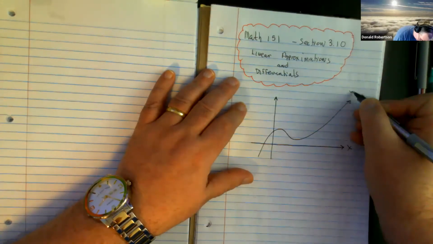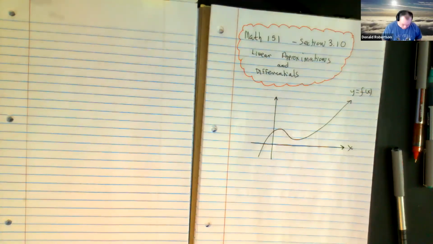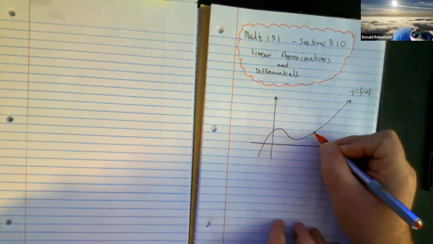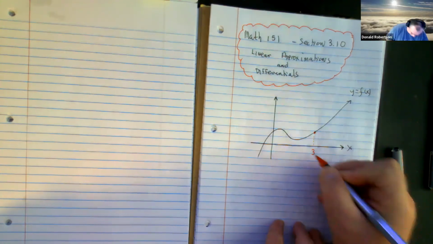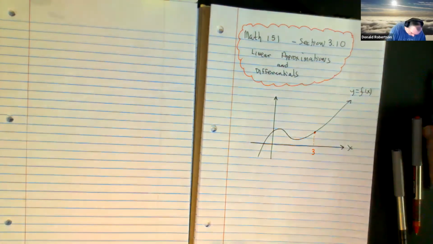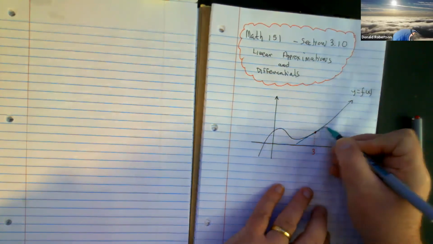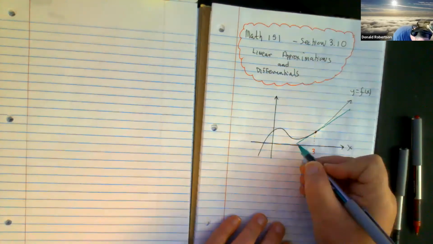We've used this diagram a lot, especially in week 1, right? Just a general function. Let's suppose I take this point here, and let's pretend this is x equals 3. I can find the slope of the tangent line and then I can create a tangent line, right?